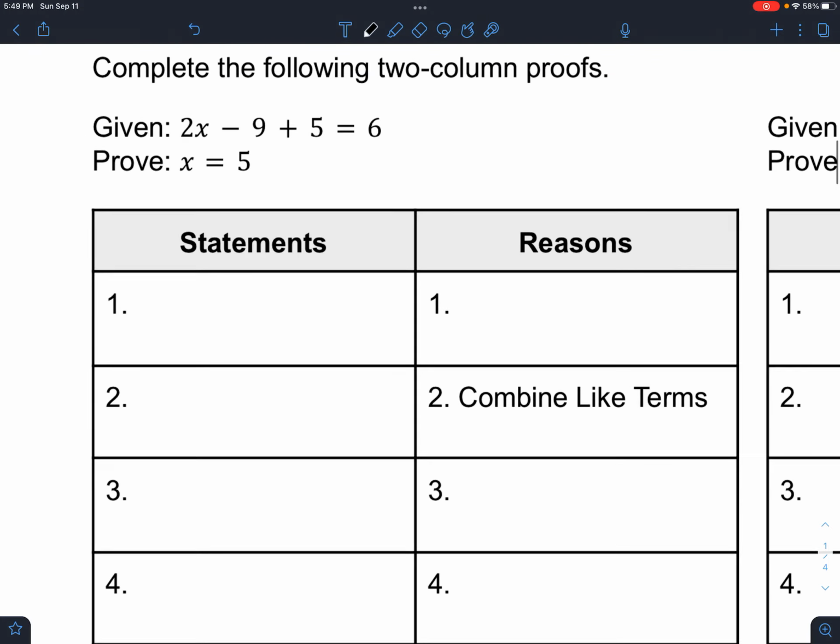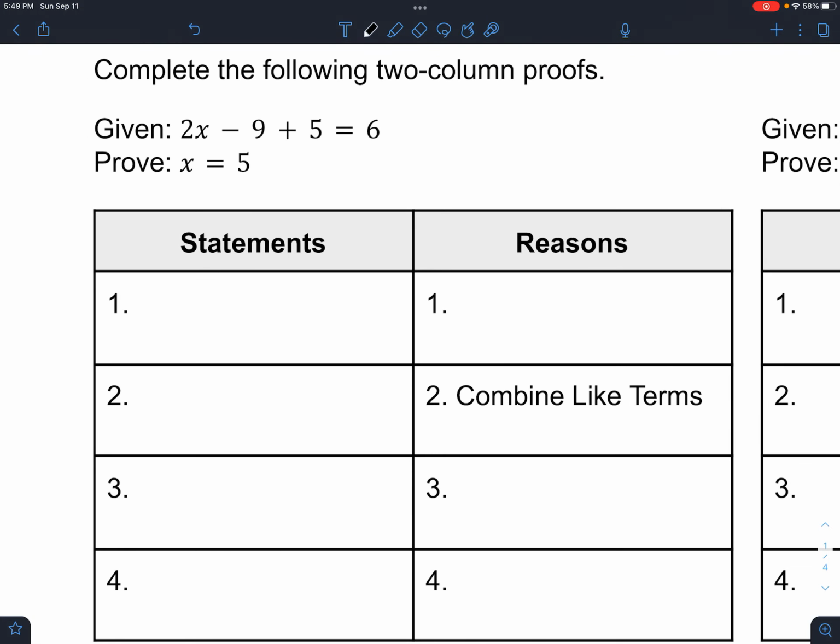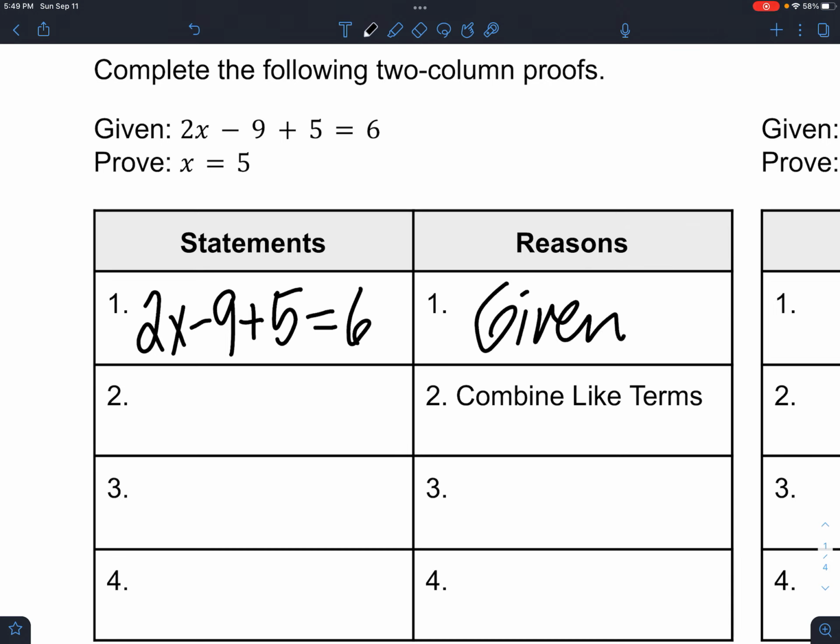Okay, so let's actually get into our first proof then. So just solving an equation. The given always comes first. So you're always going to copy down what was given. Okay, and if we're a little stuck, we have a reason there. It says combine like terms.